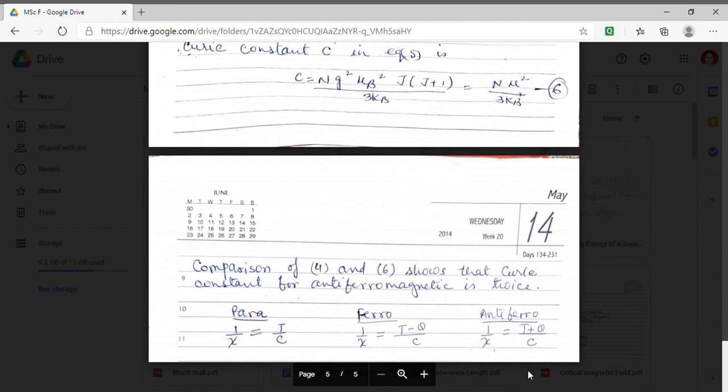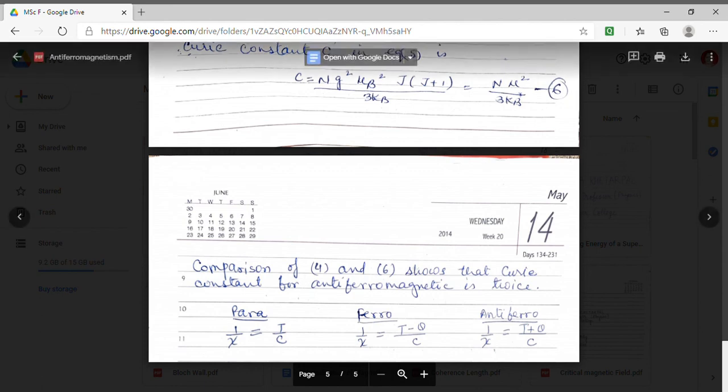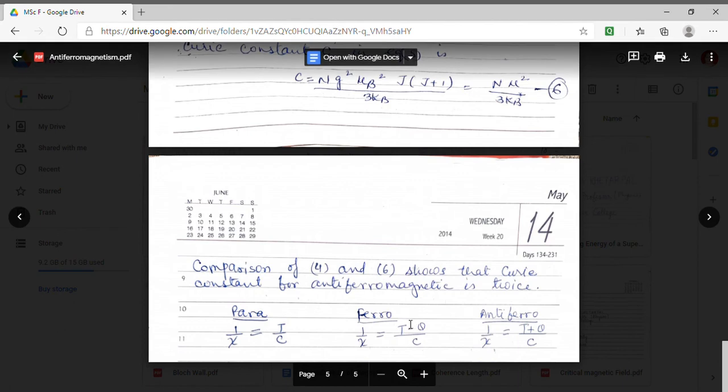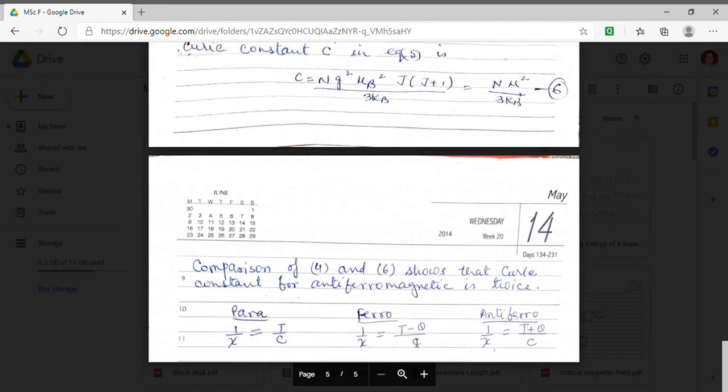So, we have obtained the formula for susceptibility for an antiferromagnetic material, and on comparison we can see the susceptibility for three types of material: for paramagnetic 1 by chi is T by C, for ferro 1 by chi is T minus theta upon C, and for antiferro 1 by chi is T plus theta upon C, where C is the Curie constant.